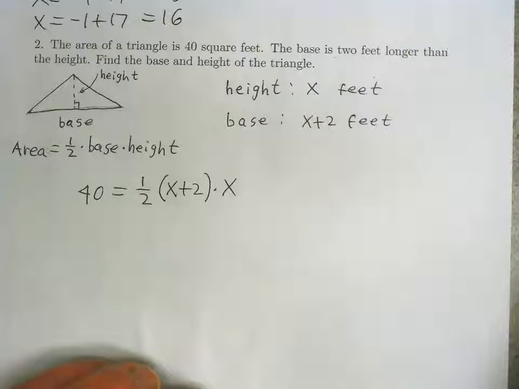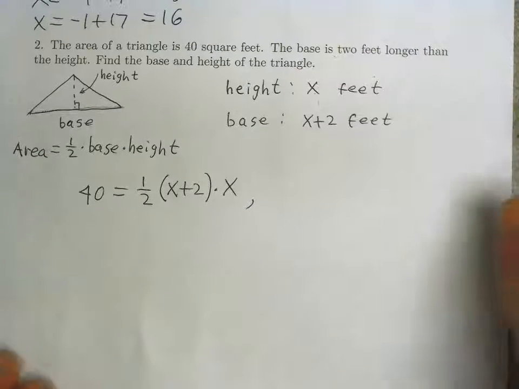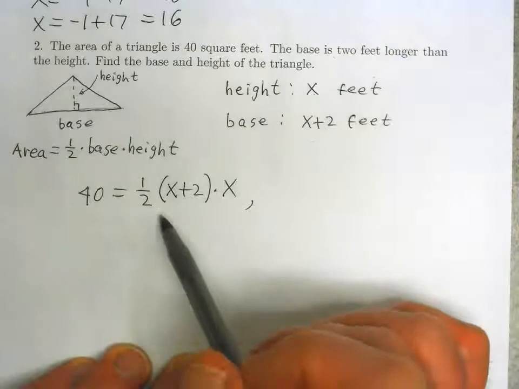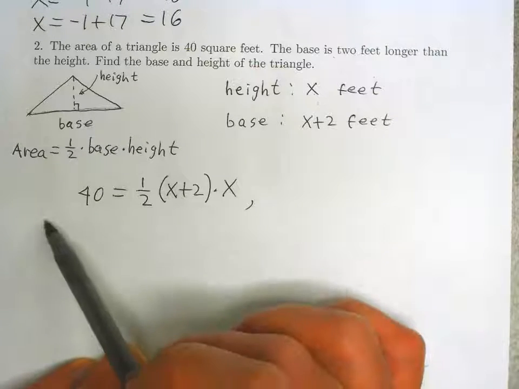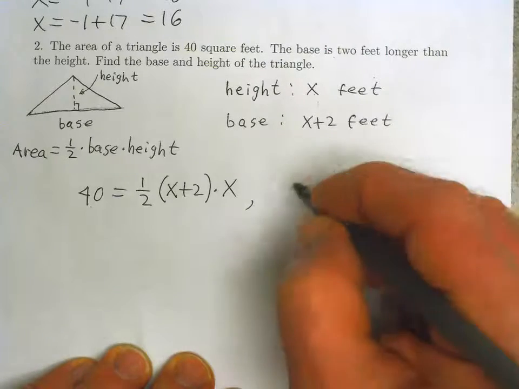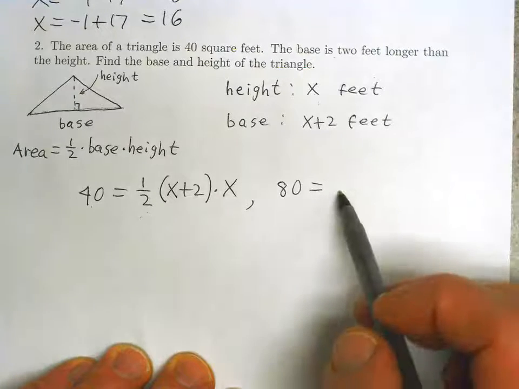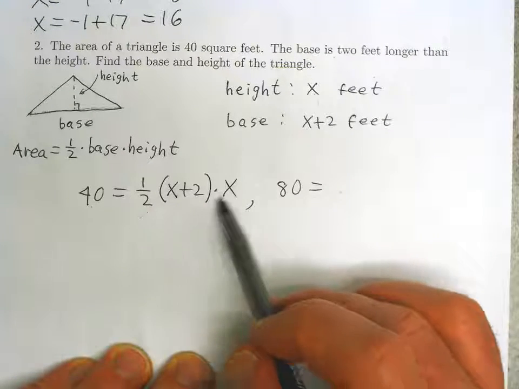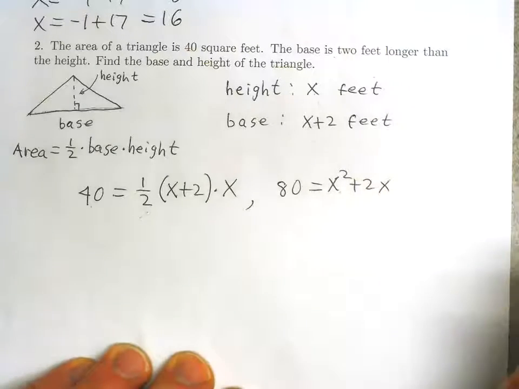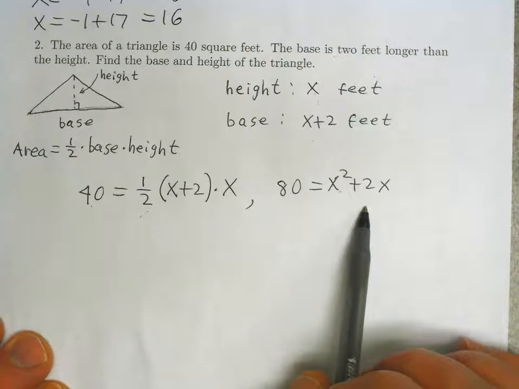It seems like the easiest thing to do, if we want to get rid of this fraction, is to multiply both sides by 2. So 2 times 40 is 80. 2 times 1/2 is 1. And then 1 times x plus 2 times x is x squared plus 2x.